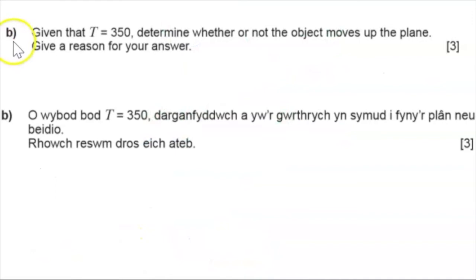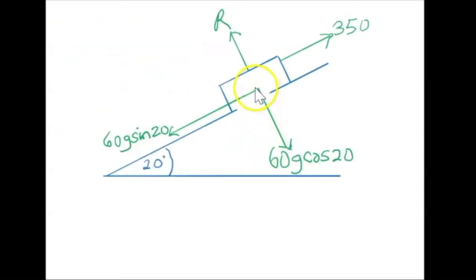So if we move on to part B, given that T is 350, determine whether or not the object moves up the plane. Give a reason for your answer. So on the diagram, the weight is 60g, so we've still got its components 60g cos 20, 60g sin 20. There's still a normal reaction perpendicular to the plane, and it says tractive force up the plane is 350 newtons, so we put that on the diagram.